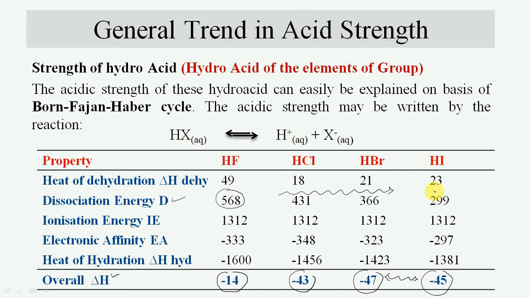So hydrogen iodide will have the least value. With the decrease in bond dissociation energy, the H plus ion is easily released, and therefore the acidic character increases. Hydrogen iodide will have the maximum acidic strength.